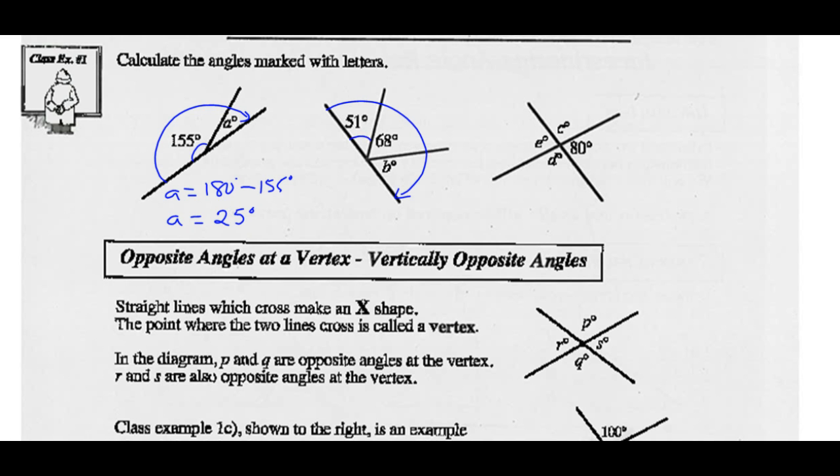So I've got 51 degrees plus 68 plus B. So 180 degrees should equal 51 plus 68 plus B. 51 and 68 is 119. So I go 180 minus 119, that is 61 degrees. So B should be 61 degrees.